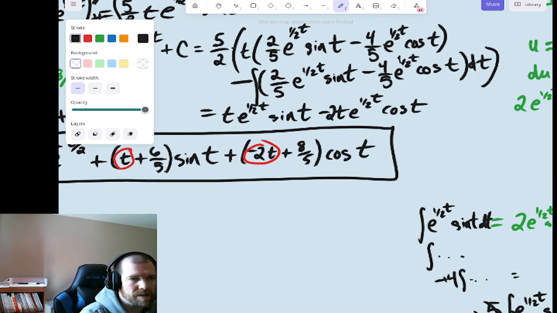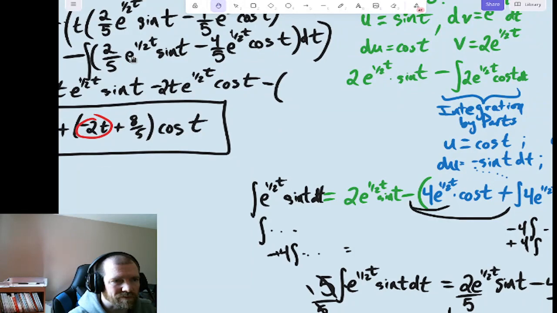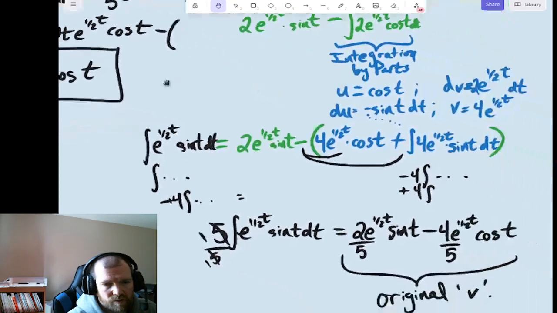We multiply in the 5/2, and that clears out the, again, 2/5 and negative 4/5 to get us just a positive 1, negative 2 in those particular places. This is also going to be a minus parentheses. So our e to the 1/2 t sine of t was here.